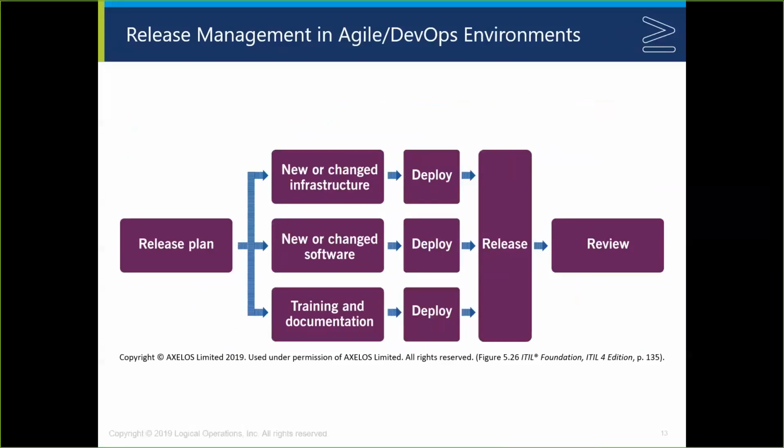So maybe customer training needs to happen, or other kinds of readiness activities need to happen before I make that feature available for use. So deployment becomes part of the kind of routine work of putting all this stuff in place, but I only make it available for use when it's time for me to leverage it and use it.